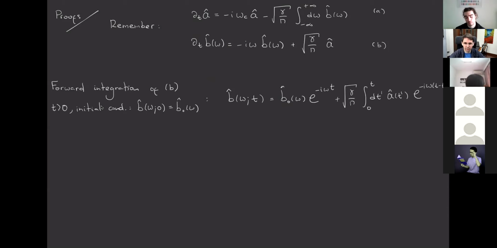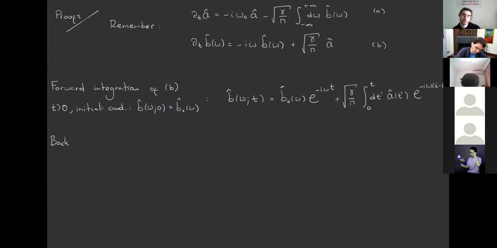Okay, this is what we already wrote. However, this is a first order differential equation, and you can in principle solve it from any point in time that you want. So in particular, let's solve it in a funny way.